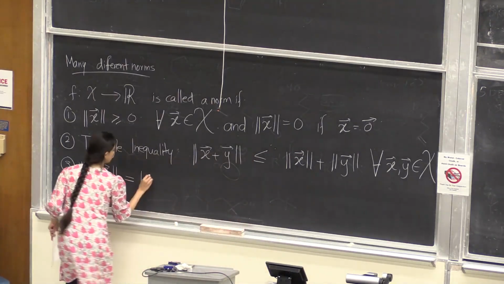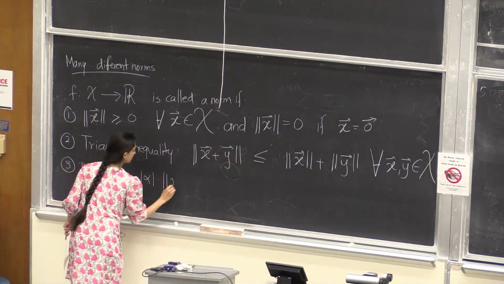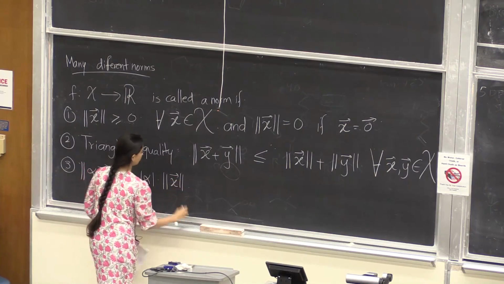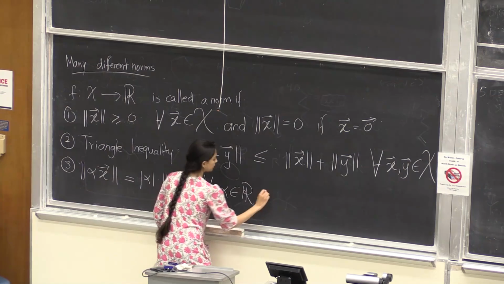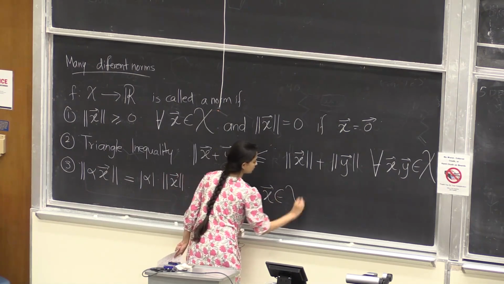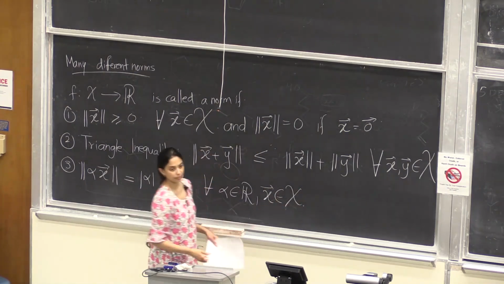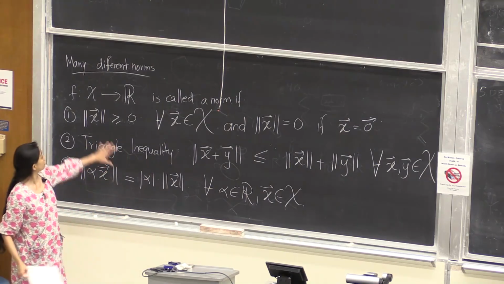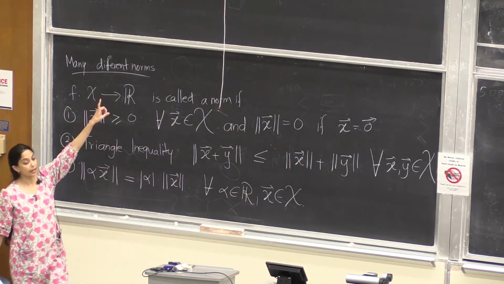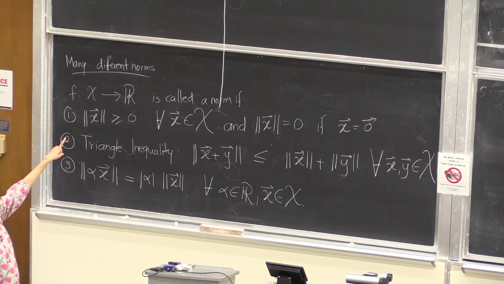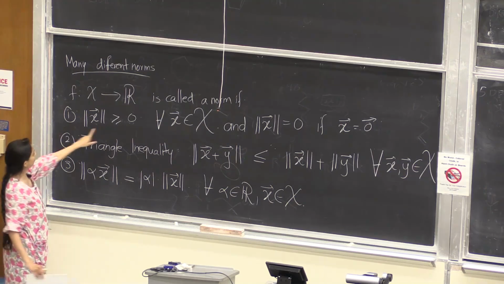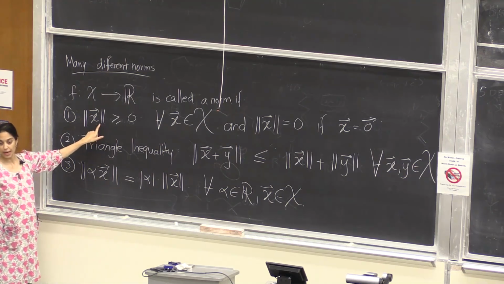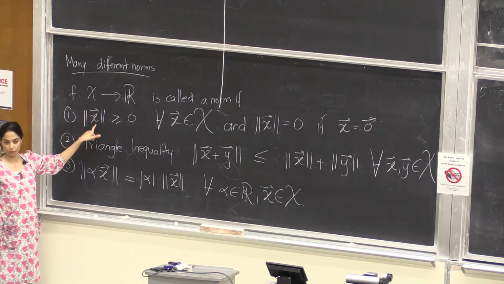So this is the absolute value of alpha times the norm of x. This is for every alpha belonging to reals and for every x belonging to your vector space. Now notice here, when I was writing the Euclidean norm up there, I made a point to write that subscript 2 after the norm, right? But here, I'm not writing anything here. And so I'm denoting it as a general norm.